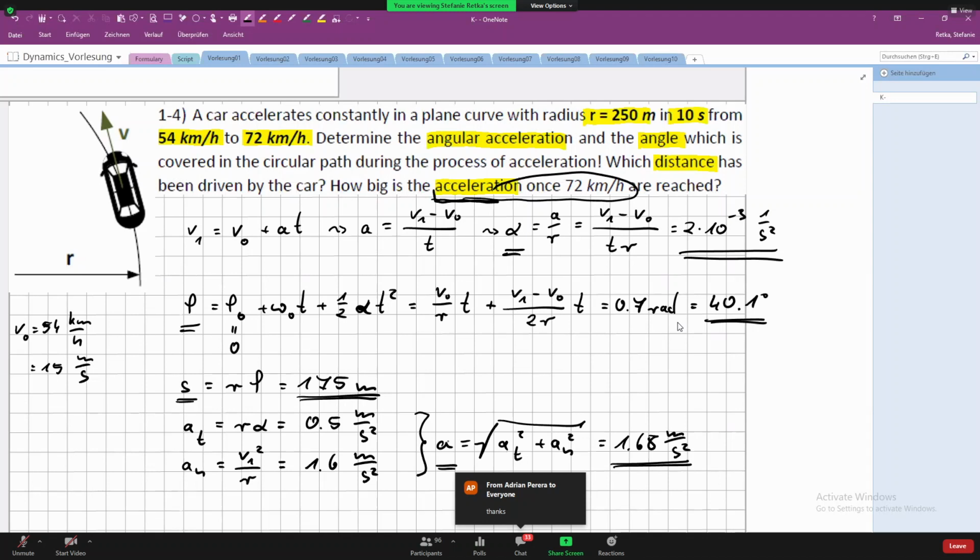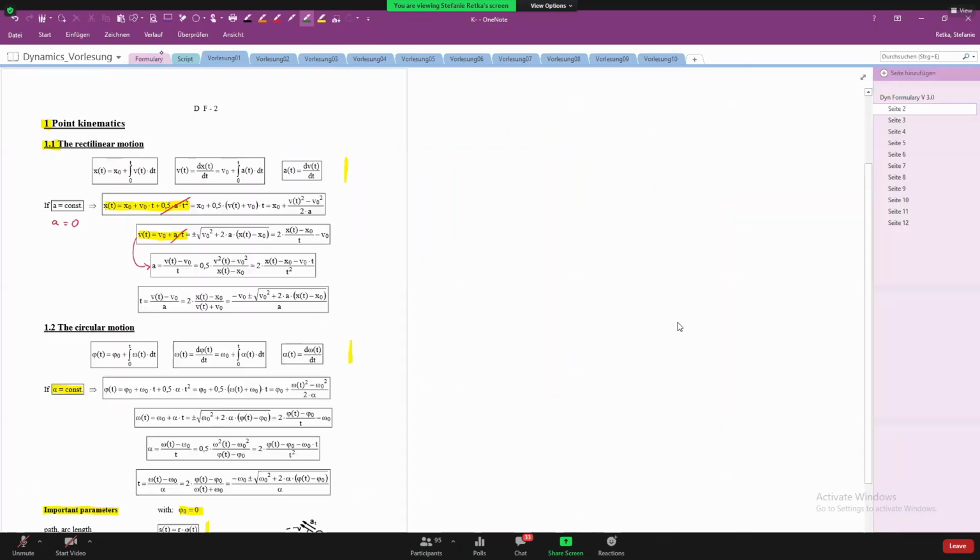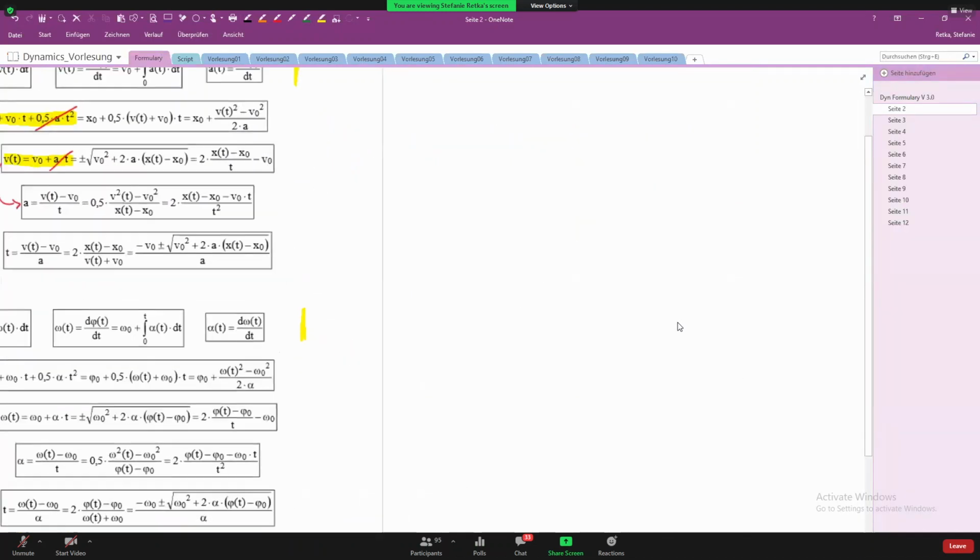There are no more questions. Can you explain how you calculated the alpha again? The alpha? I mean the angle. The phi or the alpha? The phi. Well, I used this equation here. Then phi is 0. Well, you actually just have to read the equations from here.